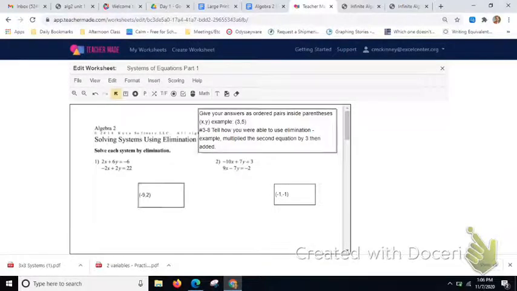And you're also going to be asked to fill in a box telling how you got your answer. Not for the first two, because they are ready to eliminate immediately, but you will be asked to explain part of your process in problems 3 through 8. That is for your system of equations part 1. There will be a second one for part 2.